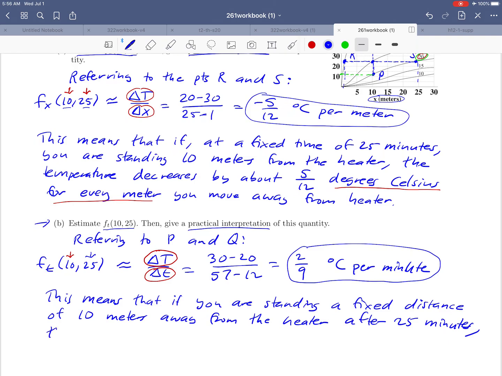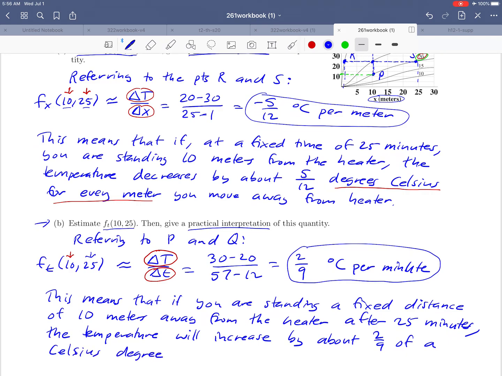Okay, so we could say that by saying something like the temperature will increase, that's the positive derivative, by about 2/9 of a Celsius degree for each minute that passes.